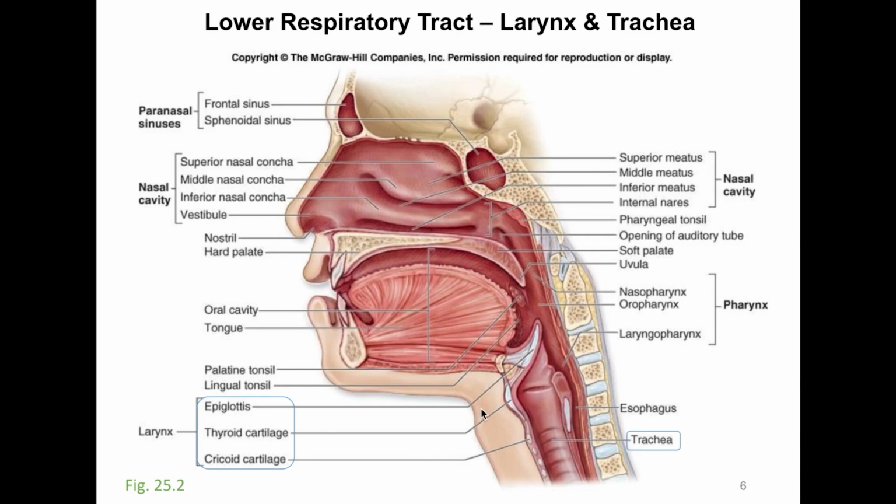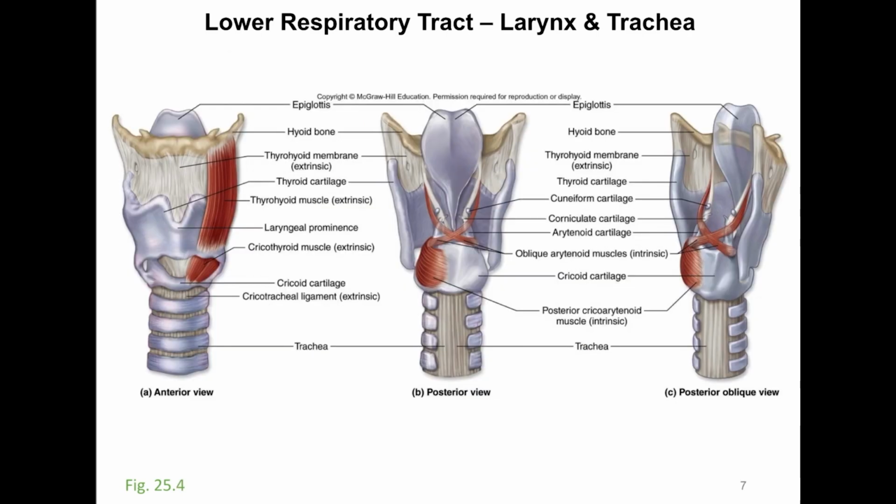People born male usually have a larger, more prominent laryngeal prominence than women do. And that is also another reason why men have deeper voices, and I'll show you why that's the case there.